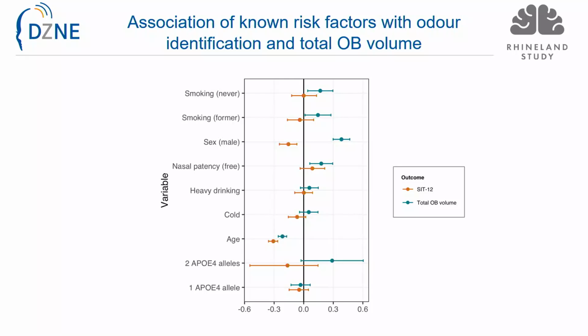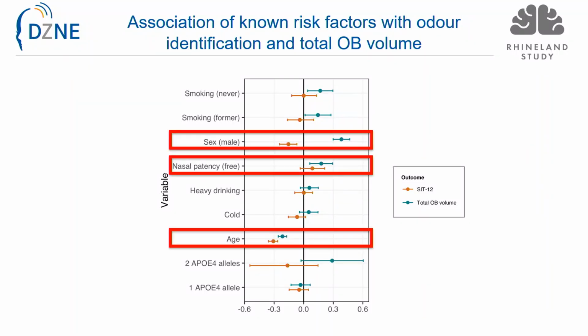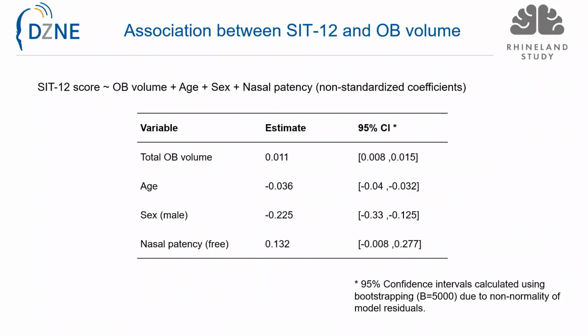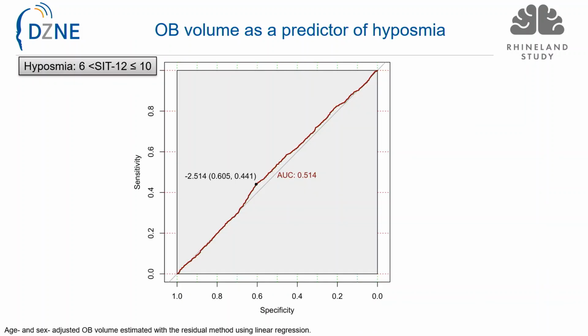And for the known risk factors, we found that only sex, nasal patency, and age were significantly associated with either the C12 score or total olfactory bulb volume. So we took them into the final regression model, and after 5,000 bootstrap resamplings, we found that the total olfactory bulb volume has an estimate of 0.011 C12 score.